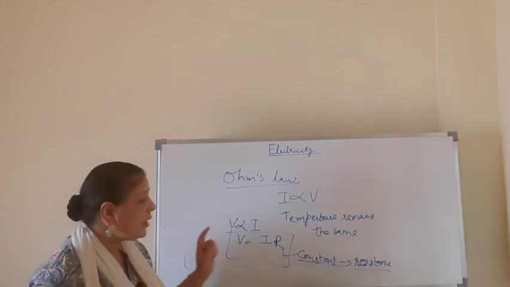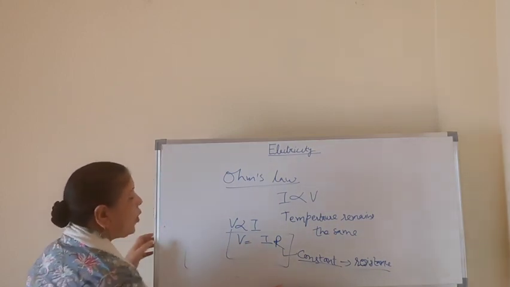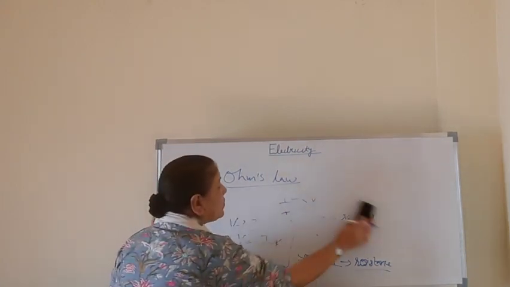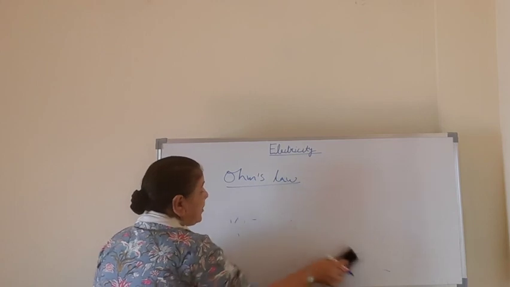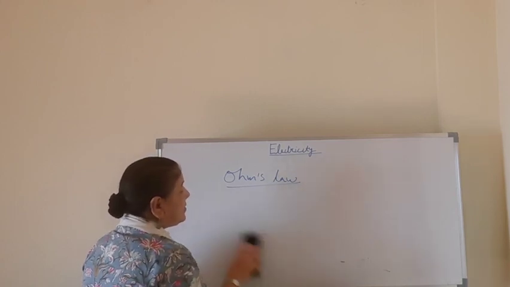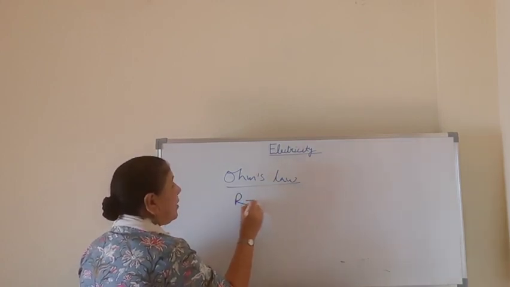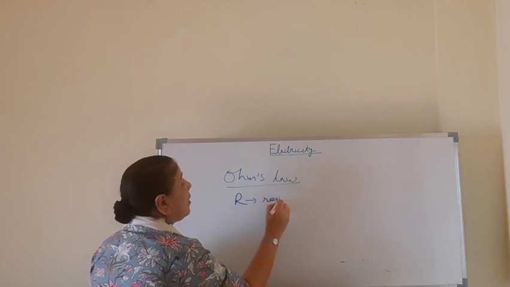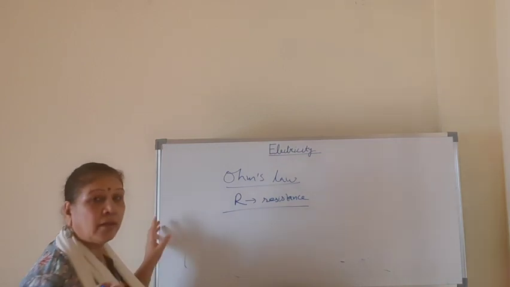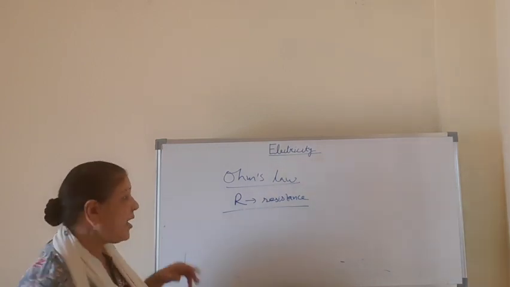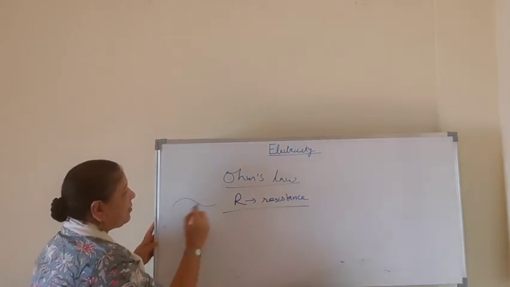So we'll talk about resistance now, because from this Ohm's law we deduced that resistance R is actually the obstruction in the flow of electric current. Assume that we have a river flowing.